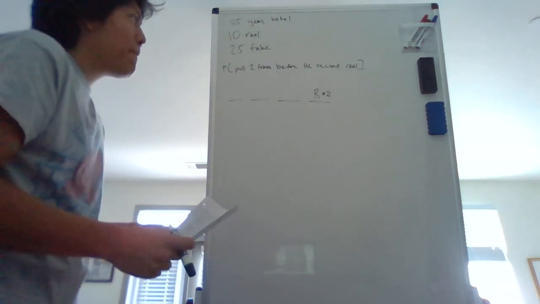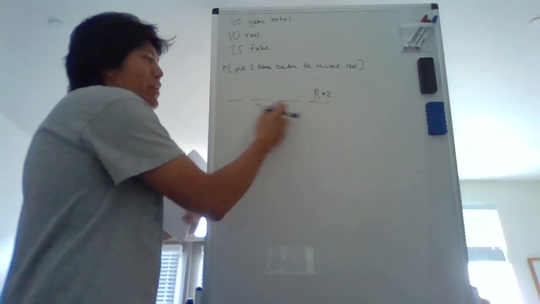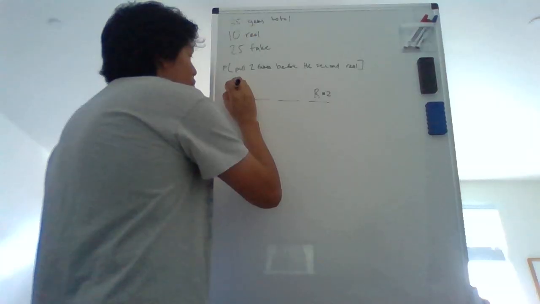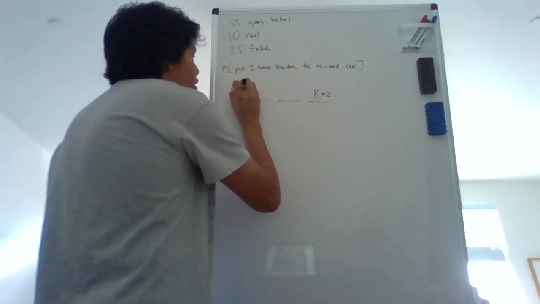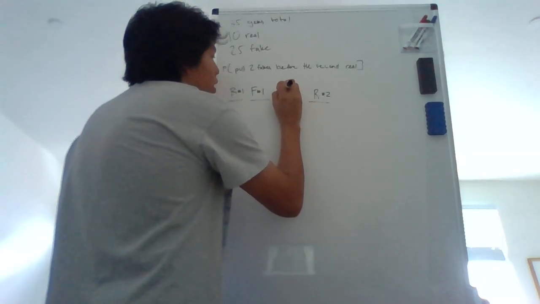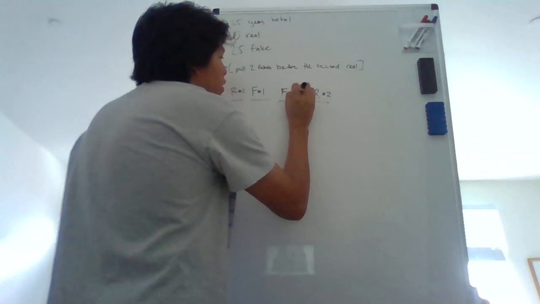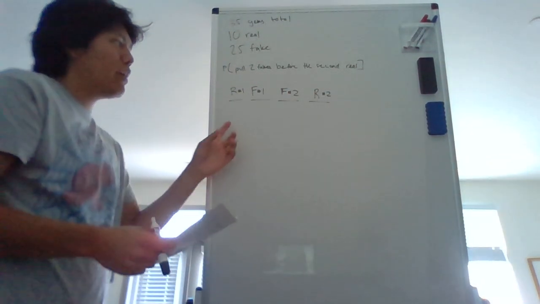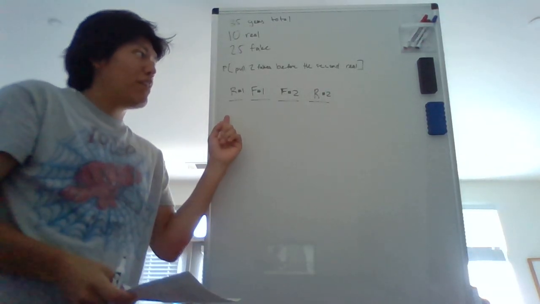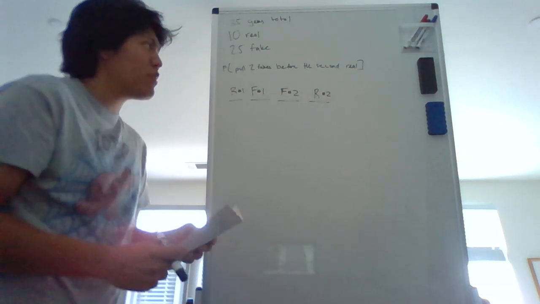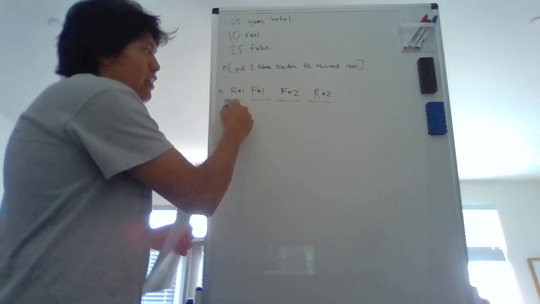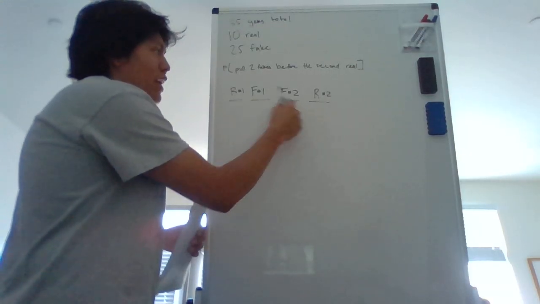And I guess we can just fill in these however we want for now. So we'll say we pulled the first real over here, and then we pulled out the first fake, and then the second fake, right? This is only one way of doing this. Because what if we pulled out the first fake, and then the first real, and then the second fake, right?